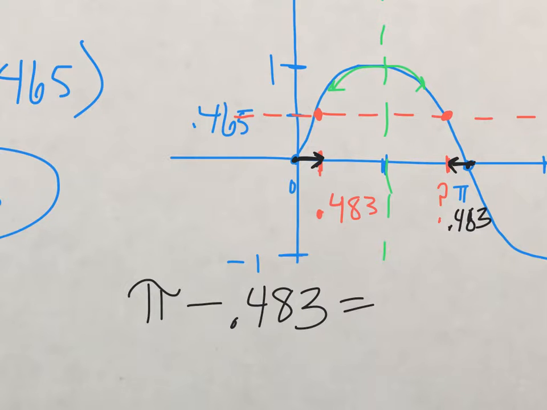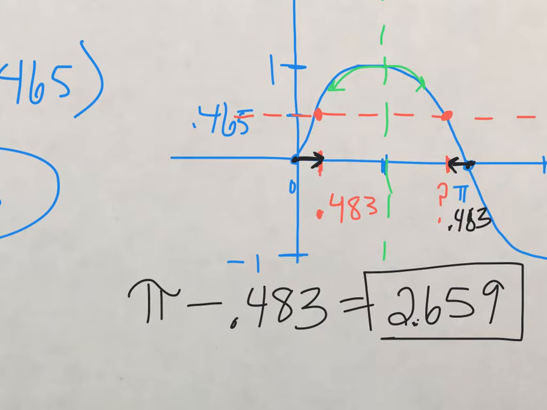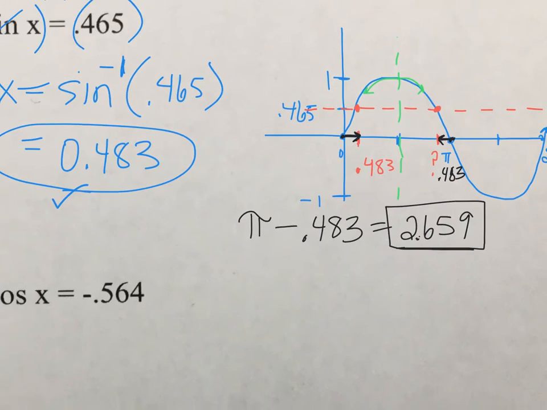And if I do that and round to 3 decimals, I get 2.659 as the next x value, or the radian measure, where the sine will be 0.465. The first one comes from your calculator. The second one comes from your brain.